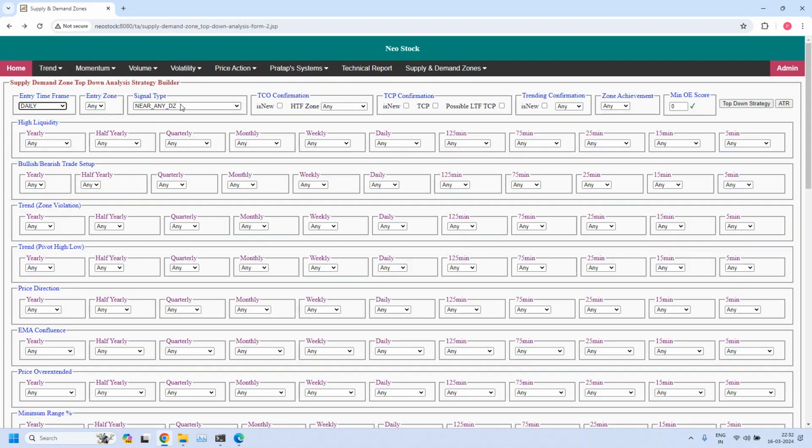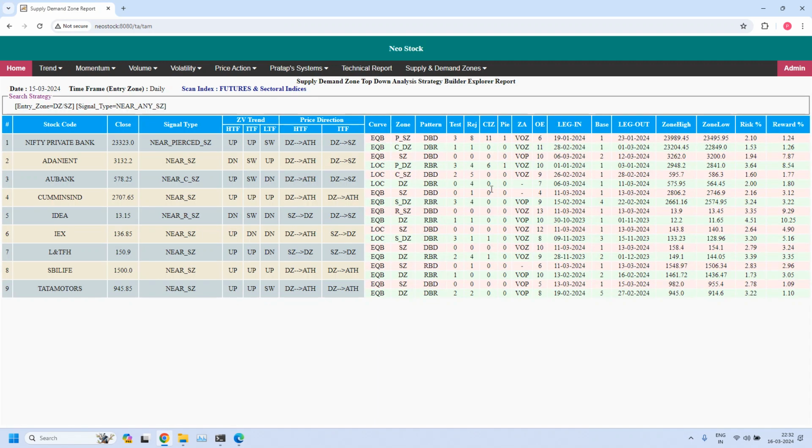For the daily time frame, let us find the stocks near the daily supply zone. 9 stocks are filtered. Let us check high liquidity supply zones from this list. So we have AU Bank. I think we already discussed this stock in the previous report.